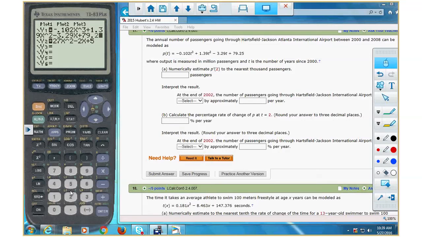Clear and graph and zoom. Zoom fit. Zoom out. Looks like a saddle.